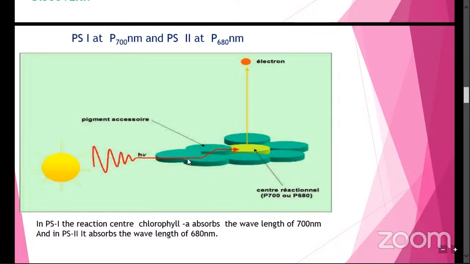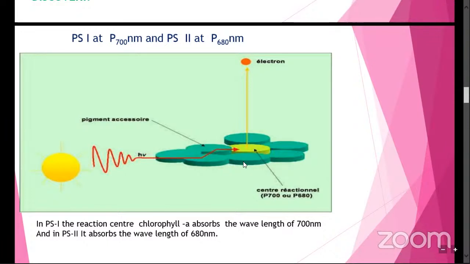And the green color structures are all accessory pigments, which also help in receiving the photons and transferring them to the reaction center. What is the source of photons? Sunlight is the source. The sun emits rays, from which photons are absorbed by the accessory pigments.